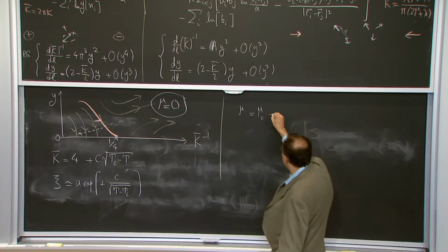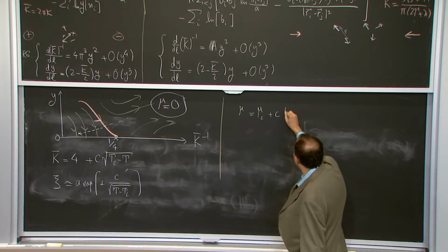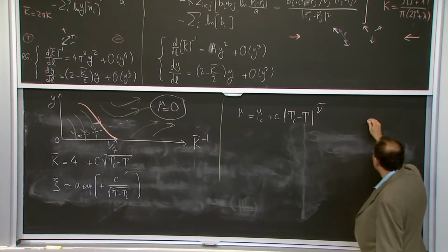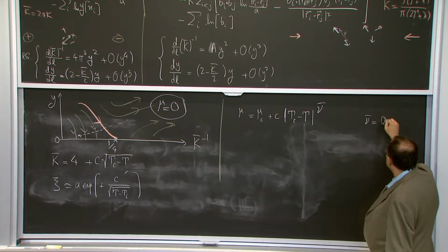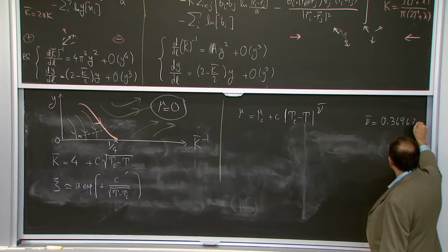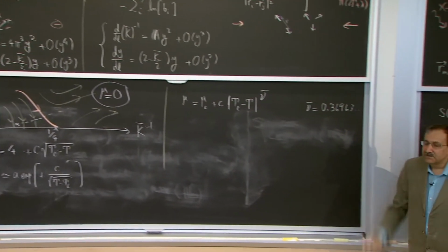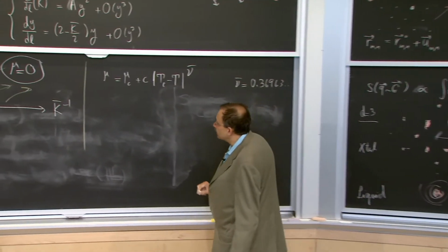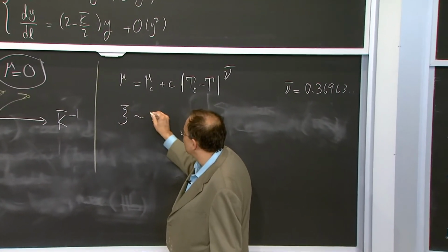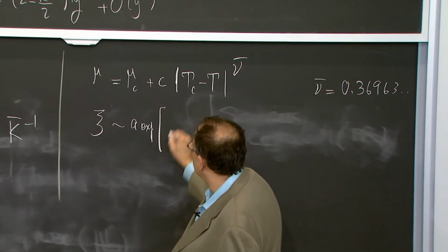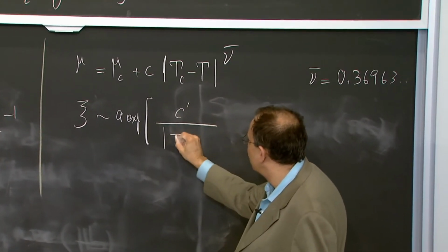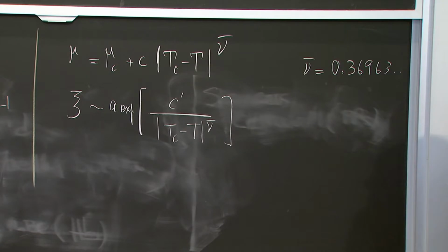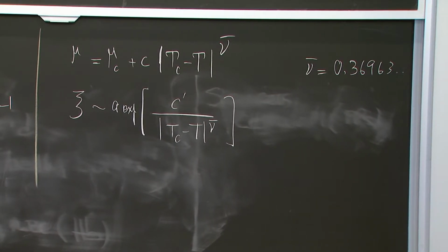But rather than as Tc minus T to the 1/2, as Tc minus T to some exponent that is called mu bar, which is 0.36963. So this is a kind of subtle thing that is buried in these recursion relationships once you go to higher order, and accompanying that is a correlation length that also diverges with some behavior dominated by the same exponent. Okay?